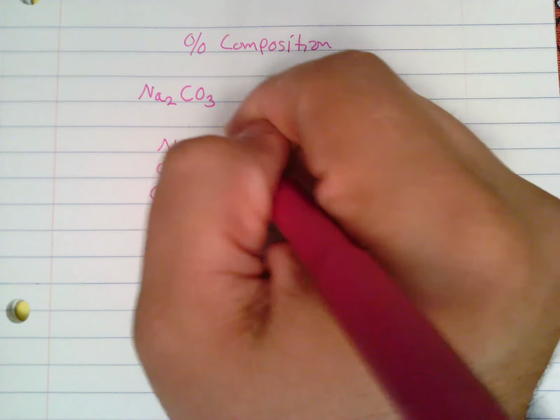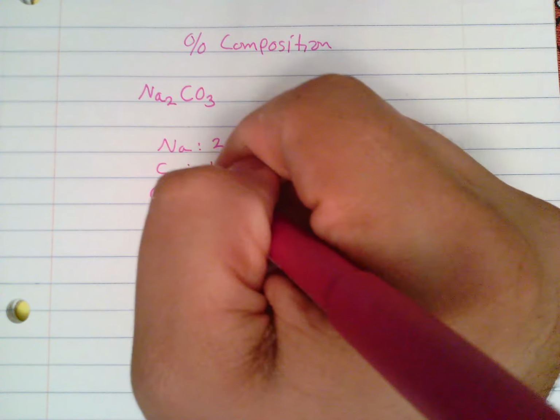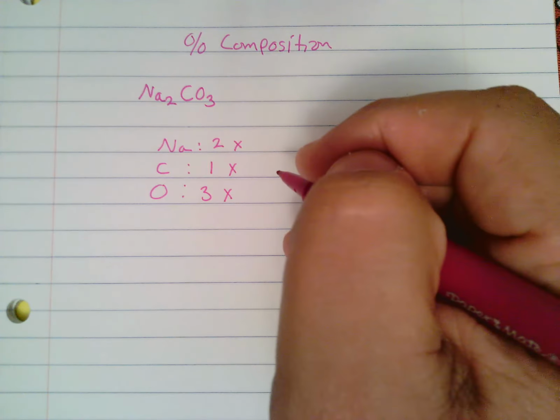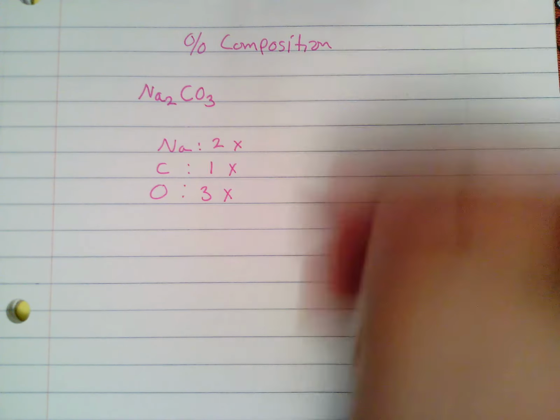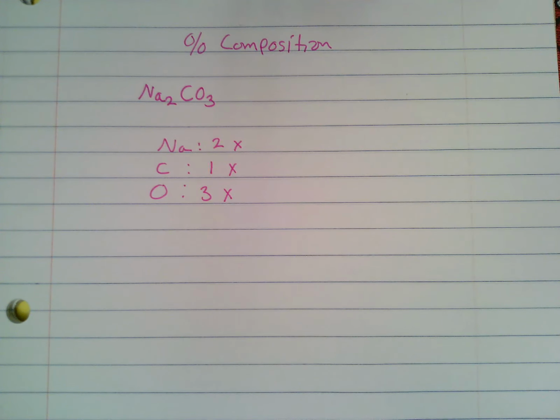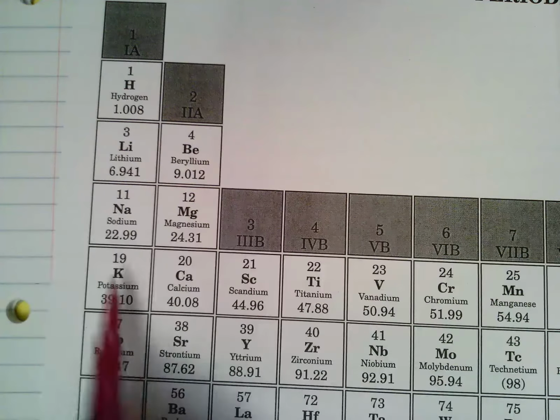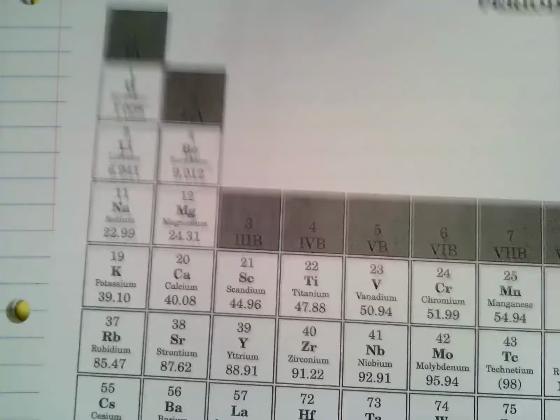At that point, we would then multiply them by their atomic masses. So we need the periodic table for these. If you look at the periodic table, we'll start with sodium. Sodium is right there, and the amount for sodium is 22.99.